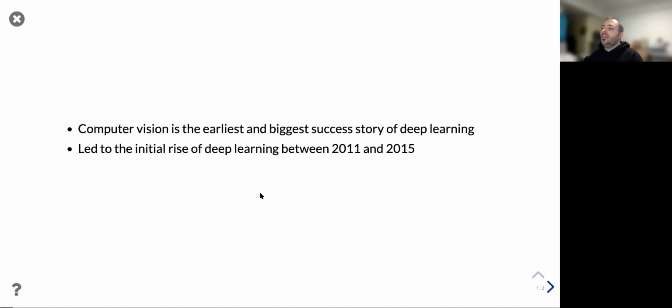First of all, it's worth mentioning that computer vision is the earliest and the biggest success story of deep learning. And it led to the initial rise of deep learning between 2011 and 2015. And it was actually in 2012 that Hinton's group won the ImageNet challenge. So ImageNet is a high-profile, large-scale visual recognition challenge.